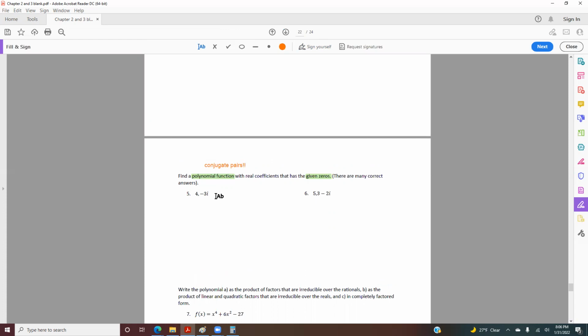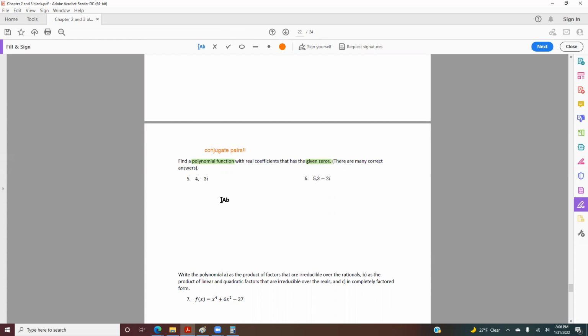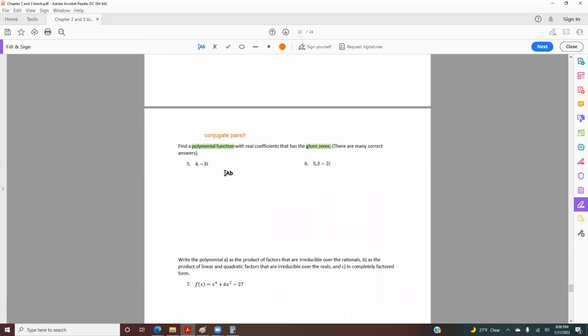So can someone tell me what is the conjugate pair for question 5? Would it be 4? Oh, negative 4 and positive 3? No, watch carefully with the comma here. Does the 4 belong to the 3i or not?